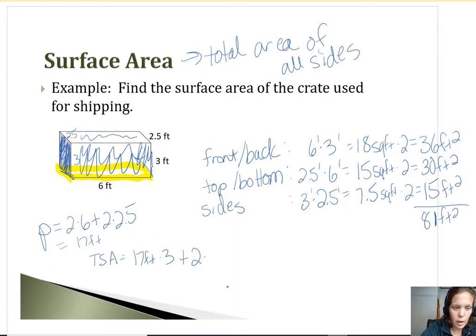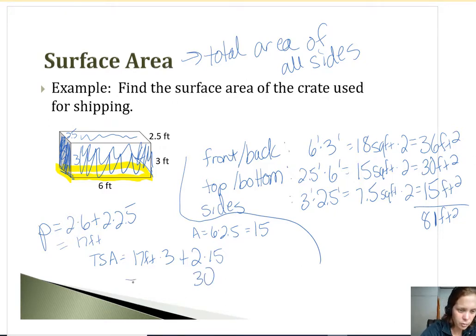Now it's saying plus 2a, so a would be the area of the base, so 6 times 2.5, because by doing perimeter, that basically multiplied each side by 3. Now here, 6 times 2.5, we'd done that earlier, that was 15. So there's 2 times 15, there's 30, same as how that was my top and bottom that we did before.